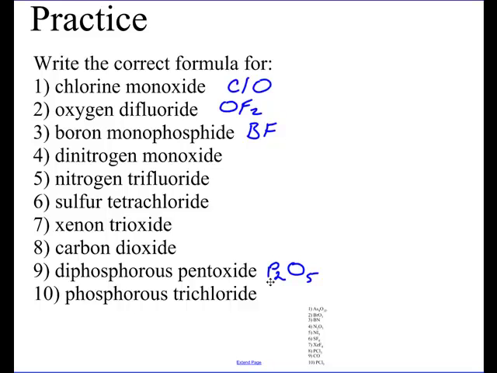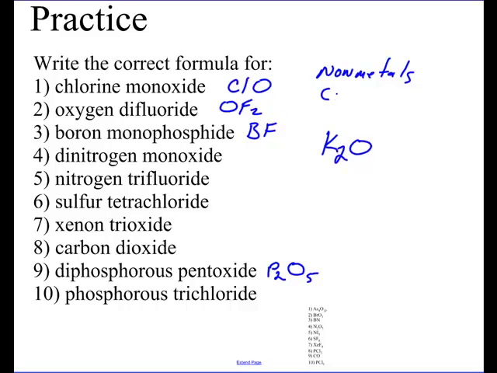The only thing I want to caution you on is all of a sudden, after we've introduced this, I'll put something like this, K2O, on a test or a quiz. I'll say name it, and students will start going dipotassium monoxide. All right, don't be that guy. The important thing is this only occurs with non-metals, right?